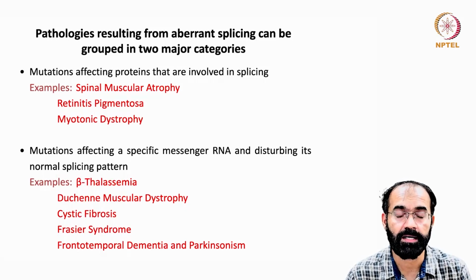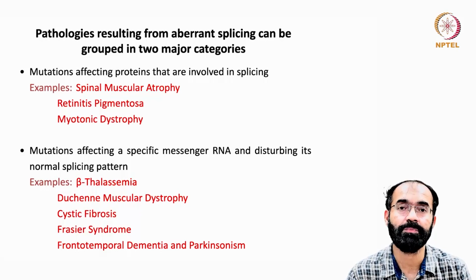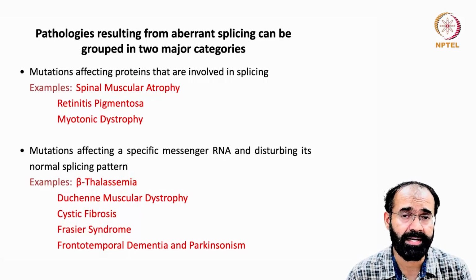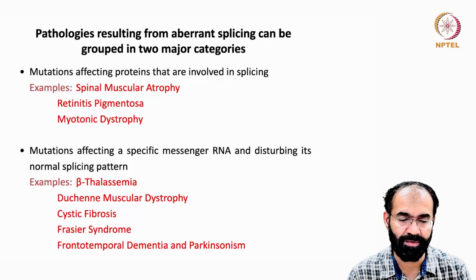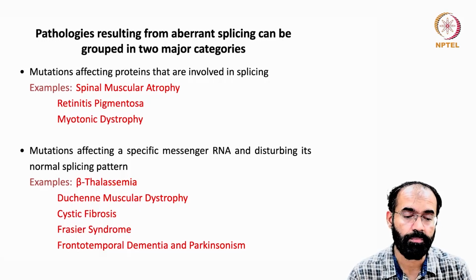What if the teacher is not doing well? That whole batch will be affected, right? So this logic is very important. The second example is where individual genes are affected. Examples are beta thalassemia, Duchenne muscular dystrophy, cystic fibrosis, Frasier syndrome, frontotemporal dementia and Parkinsonism.